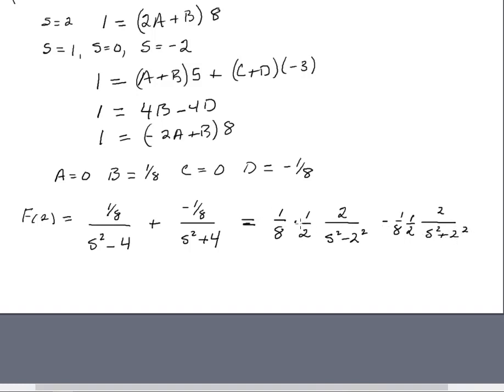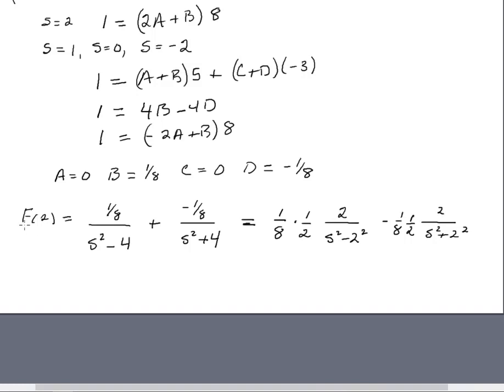So this is 1/16, and this is the Laplace of the hyperbolic sine of 2t. And this piece, not the negative 1/16, but this thing in here, is the Laplace of the sine of 2t.